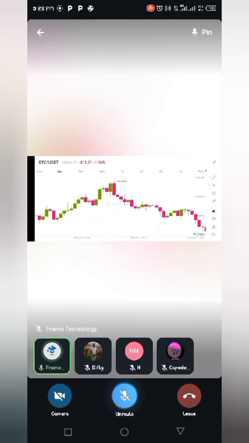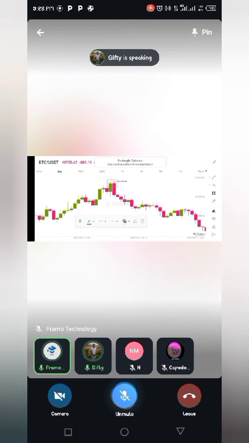Let's identify it. Who can tell me the pattern here? Please, what pattern is that? Bearish pattern. Yeah, but the name, bearish what?